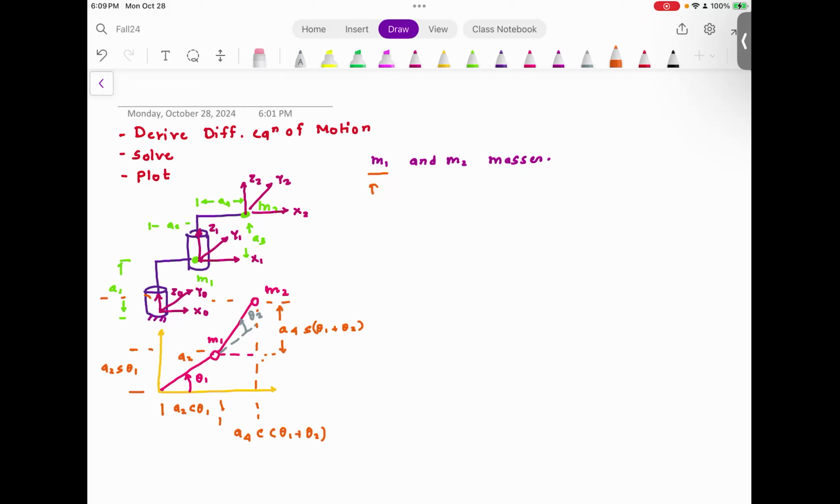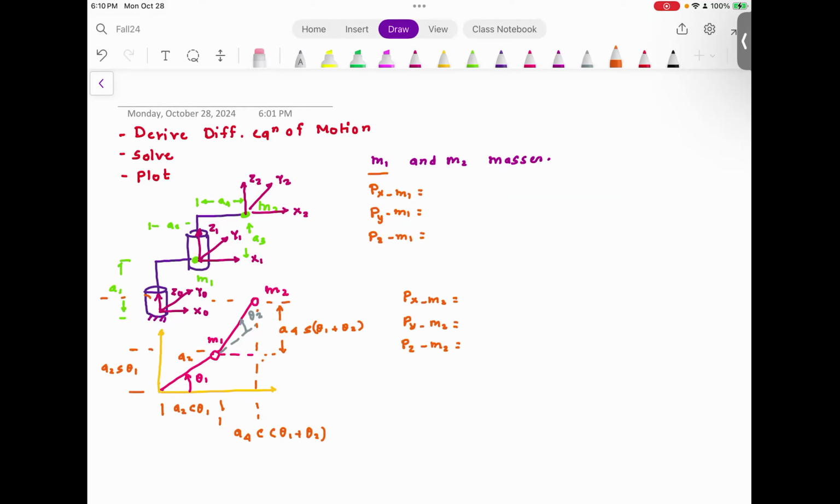So I'm going to call this Px M1, which is position of mass M1, Py M1, and Pz M1. This is all I need from my kinematic analysis. Similarly, I need to know Px M2, Py M2, and Pz M2.